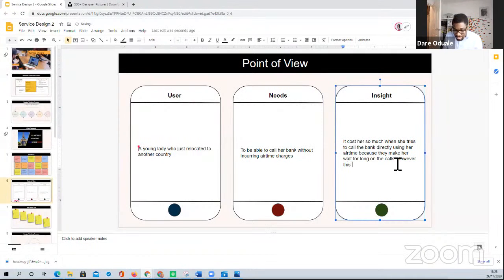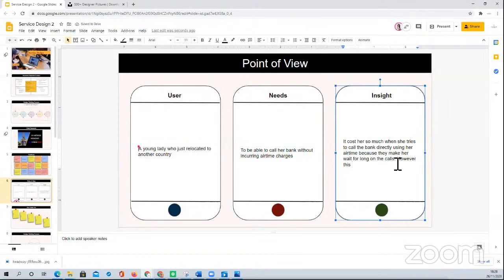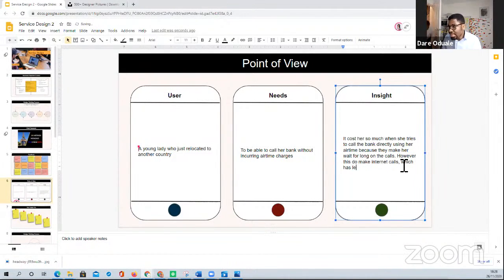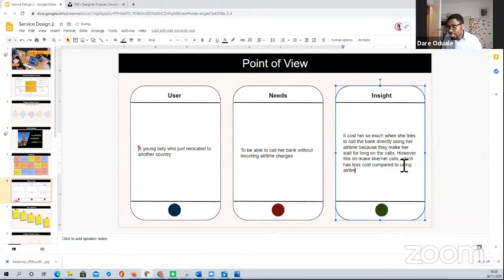However, this is further insight about this same user as well. However, this user prefers to make internet calls, which have less cost compared to using airtime.